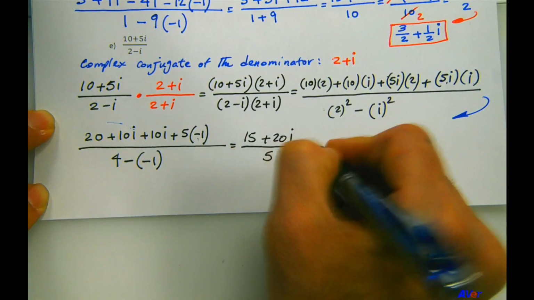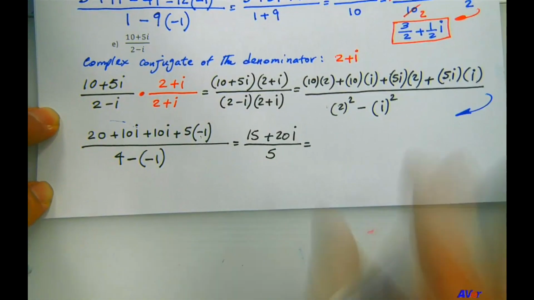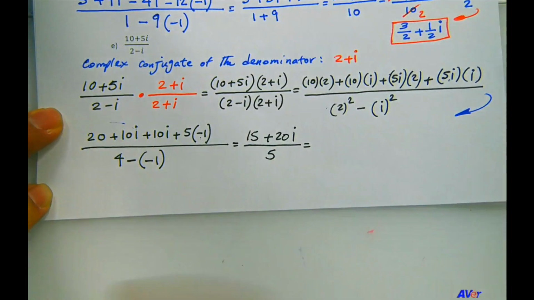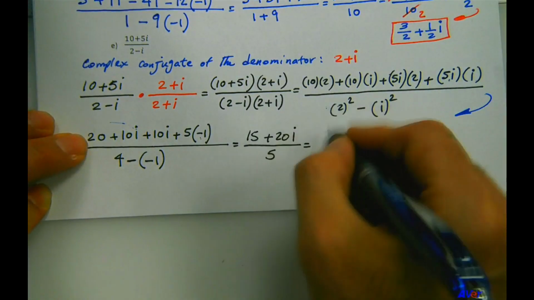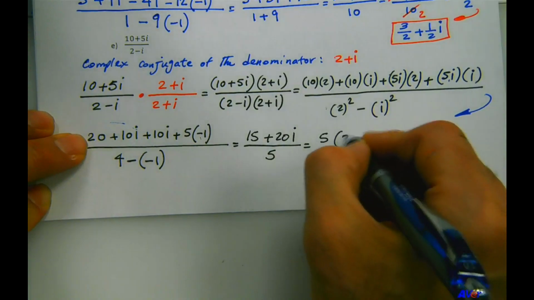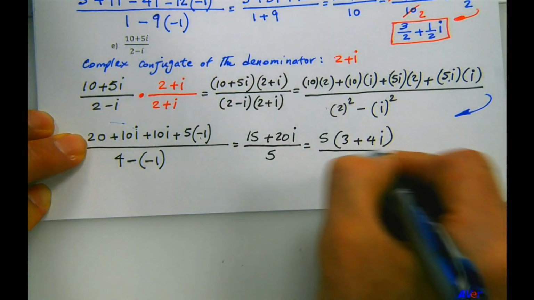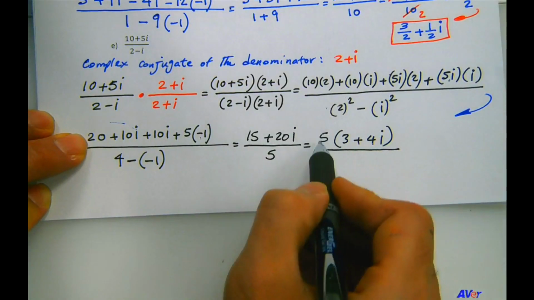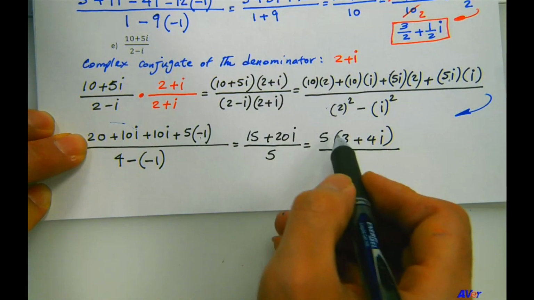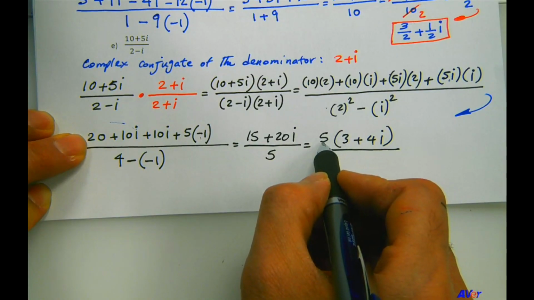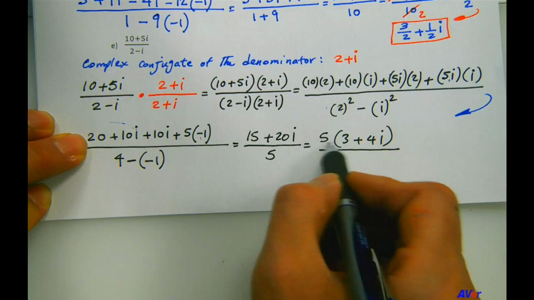Yes, absolutely, and we should, because they're asking us to simplify this as much as possible and write the real and imaginary pieces separately. So factor the numerator, 5 times 3 plus 4i, right? Factoring is the opposite of the distributive property.